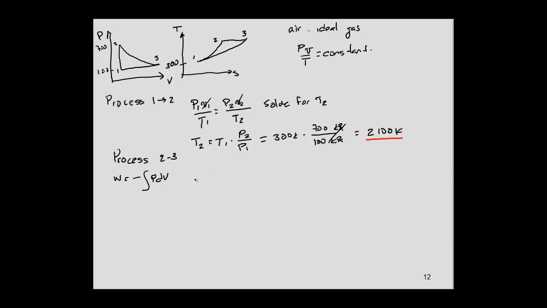We know that PV equals RT, so we can have P equals RT divided by V. So we have pressure in function of volume. We can just substitute here.